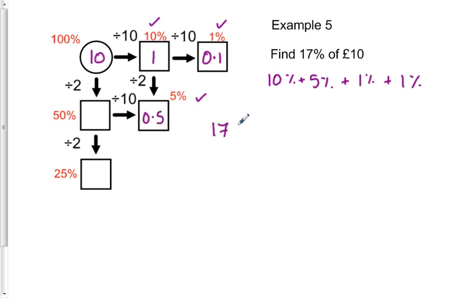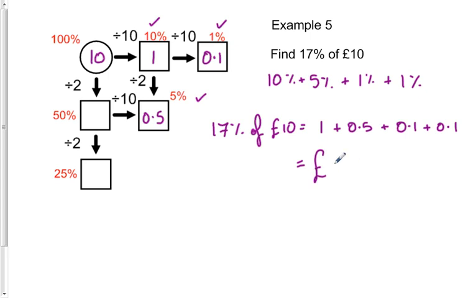So 17% of £10 is our 10%, which is £1, plus our 5%, which is 0.5 pounds, plus two 1%, which are each 0.1. And when we add that together, we get, I'll pop my pound sign in here, 1.7, and since this is money, it should have two decimal places, £1.70.